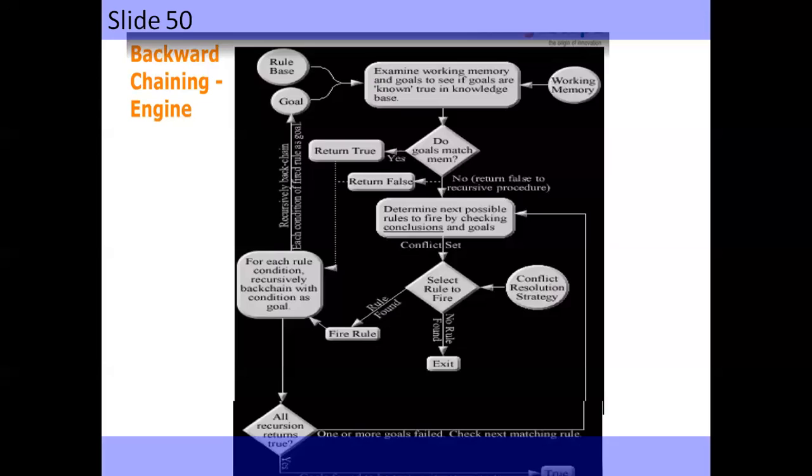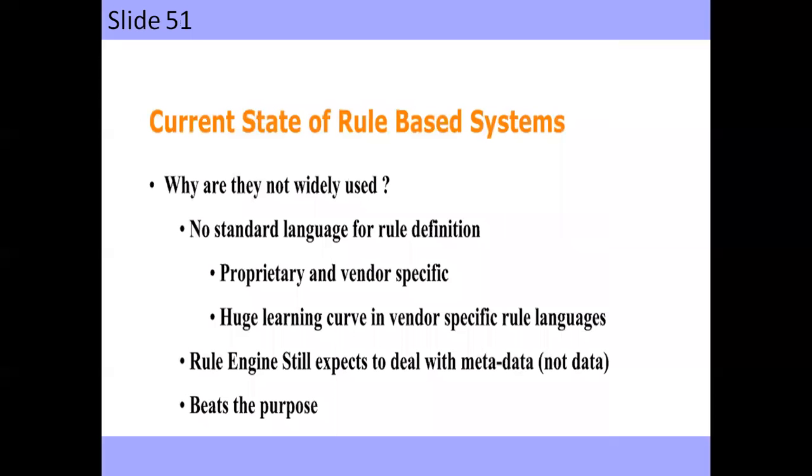And then we again select the rule to fire, and if a fire rule is found, then we consider each rule condition recursively with the condition as a goal, and if all the recursion returns true, then we consider that one or more goals fail, and we check for a new match.